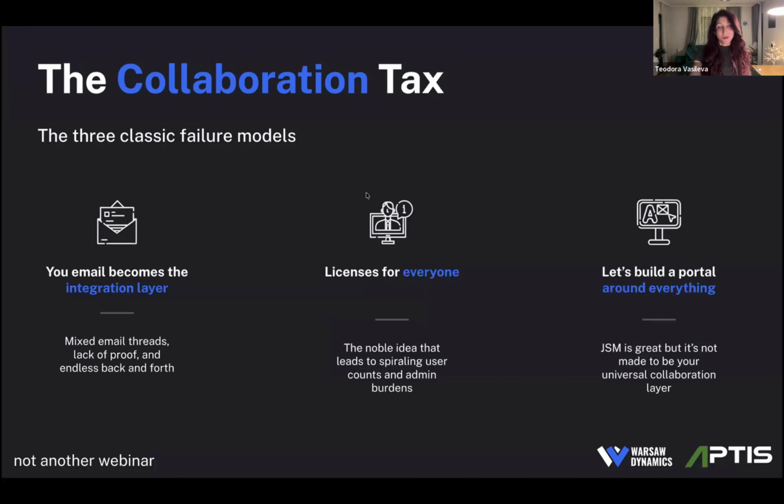What's behind this whole thing? Another classic failure model, as I, for the sake of the presentation, made it, is: what's the problem? Your email becomes the integration layer between every tool. So you have the perfect tooling and you still use email to collaborate with everyone externally. So it's lack of proof, back and forth, not ideal. You try to maybe improve this by buying licenses for everyone.